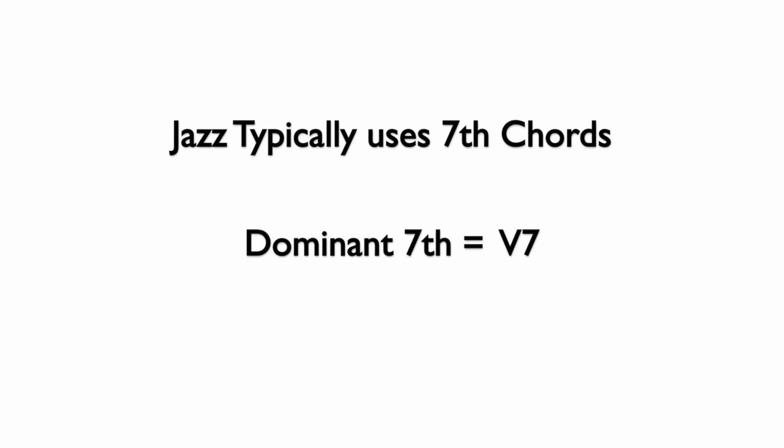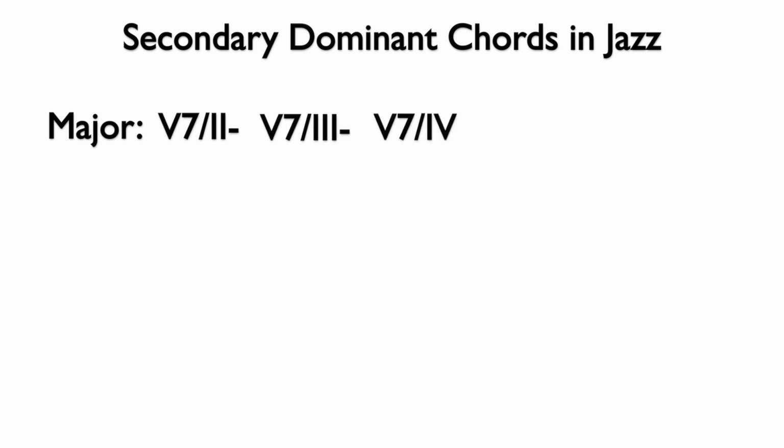dominant seventh chords. Just as with common practice harmony, the possible secondary dominant chords in a major key for jazz are 5-7 of 2, 5-7 of 3, 5-7 of 4, 5-7 of 5, and 5-7 of 6.